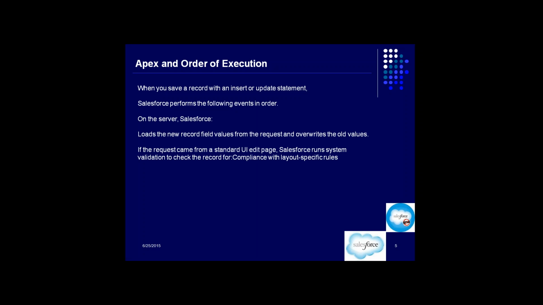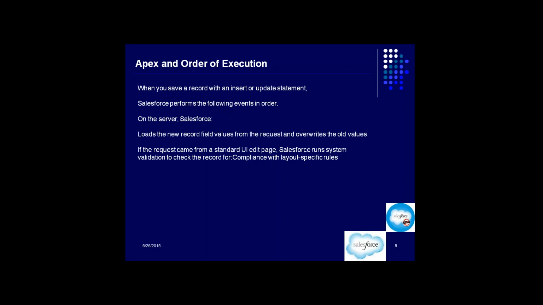If the request came from a standard UI edit page, Salesforce runs system validation to check the record for compliance with layout specific rules. So we understand page layout, right? So if the insert or update, whatever is happening, is happening from the page layout, then Salesforce will go and check the page layout specific rules.